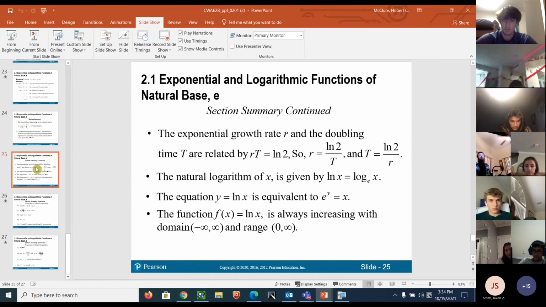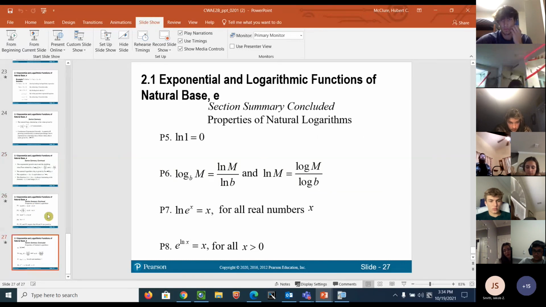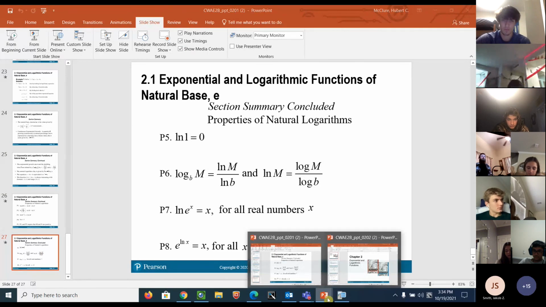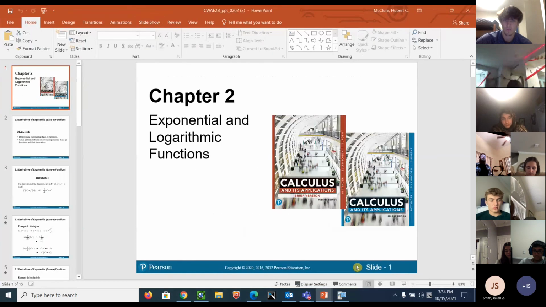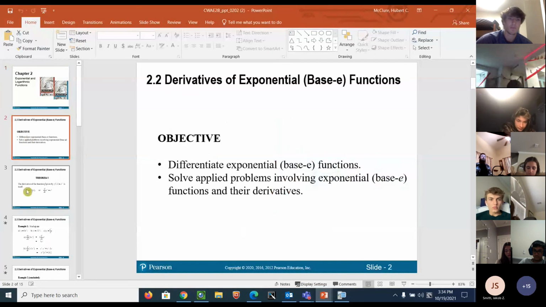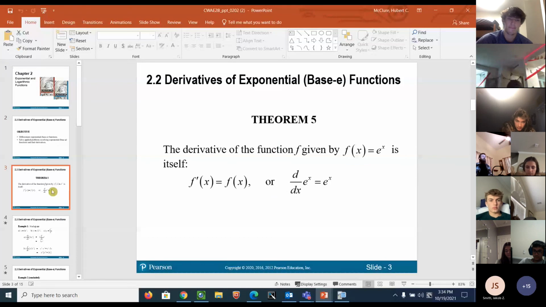Let's go to 2.2. Finally, derivatives. As I said before, you got to watch out for e to the x. E to the x is kind of like, oh yeah, that's easy.